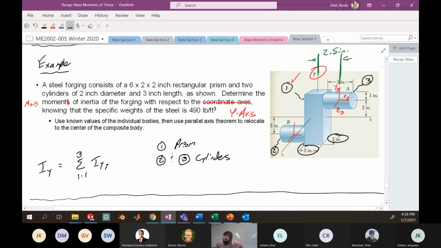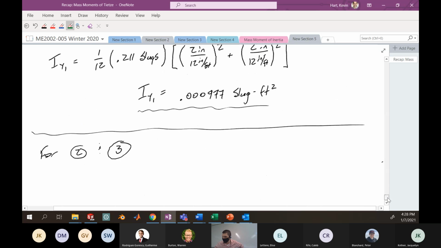We're going to need this when we use the parallel axis theorem to relocate the contribution of each one of these cylinders to the y-axis from its own centroidal y-axis. The parallel distance between those y-axes here is 2.5 inches. So something you're going to want to keep in mind.